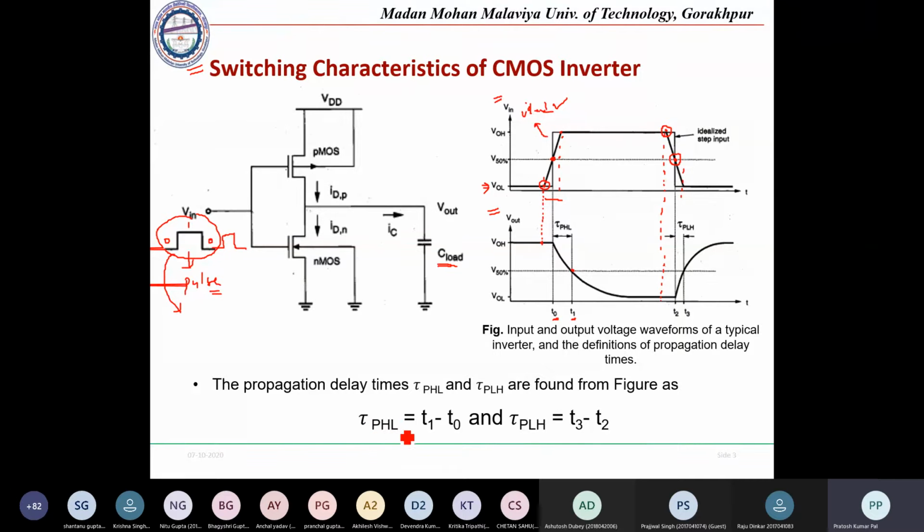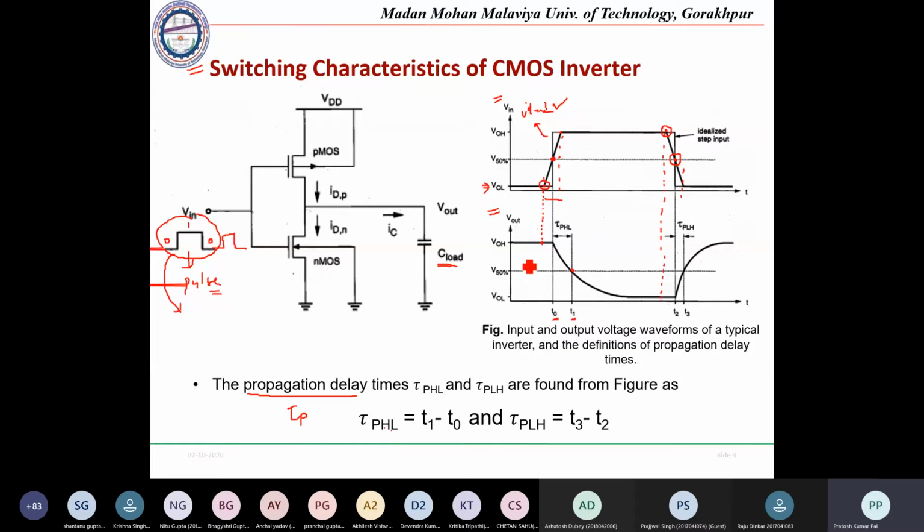So tau PHL represents the propagation delay. This propagation delay will be represented by tau P, but it is written like tau PHL. Tau P is the propagation delay for changing output from high to low.